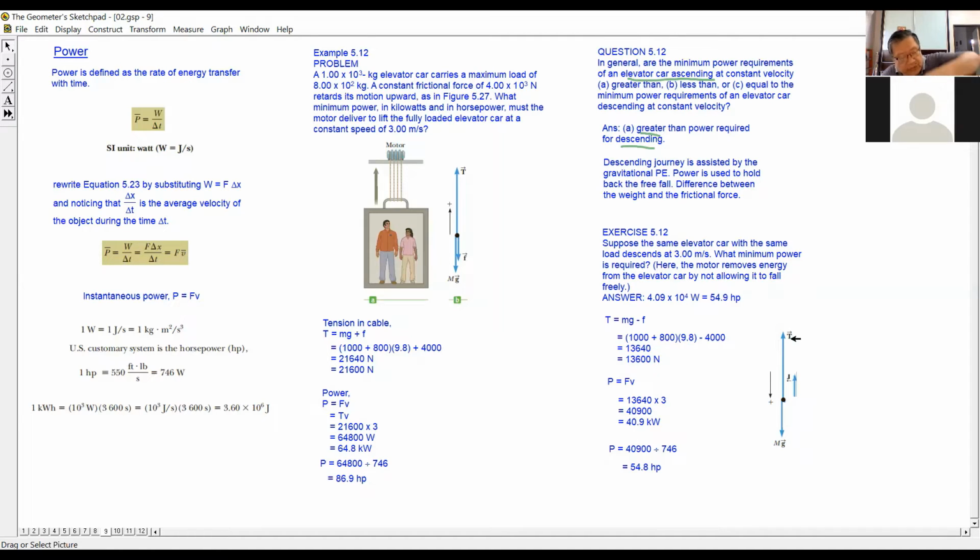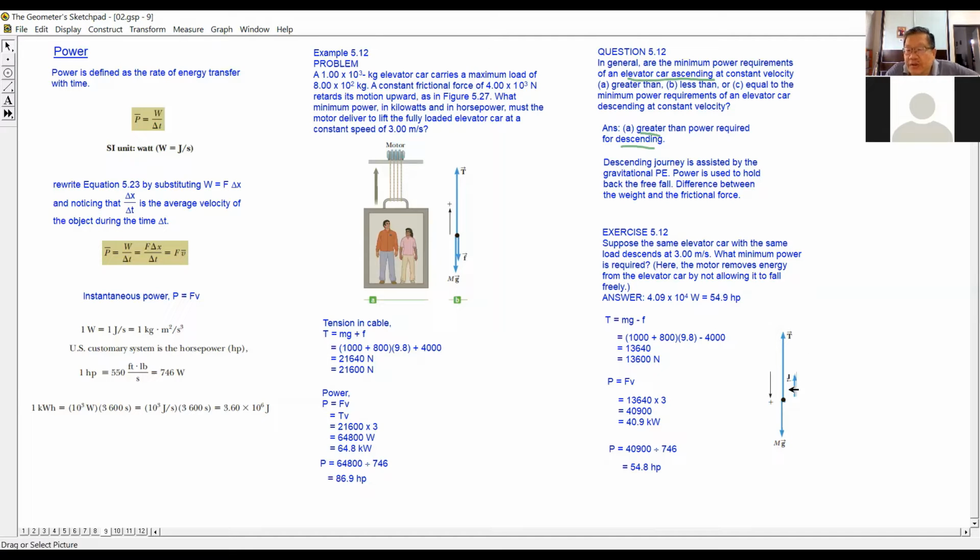The tension is holding it back, not letting it fall freely. Then the next one is the frictional force, the one at the side. Whichever the direction, there will be a frictional force opposing the motion. Since you are moving down, the frictional force is moving up, right?